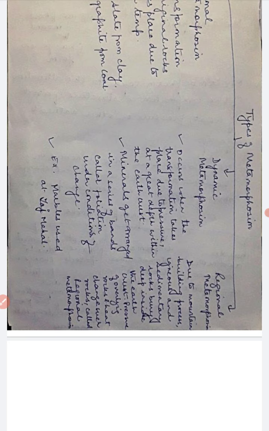So thermal metamorphism, change in the temperature; dynamic metamorphism, change in the pressure; and regional metamorphism, due to the mountain building pressure, the sedimentary and the igneous rocks change in the chemical composition due to the temperature and the pressure both, and hence they form the metamorphic rocks.